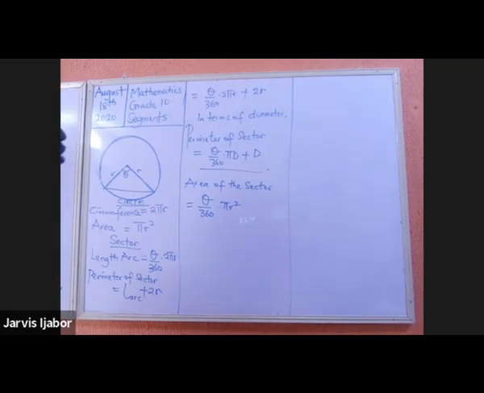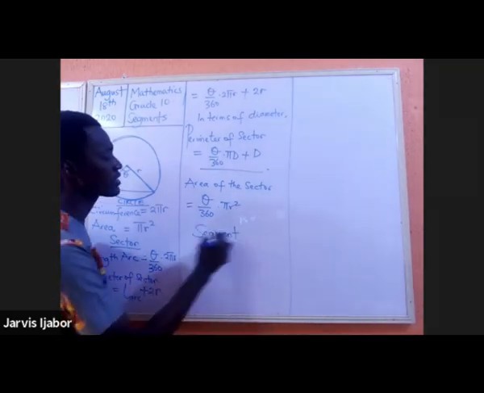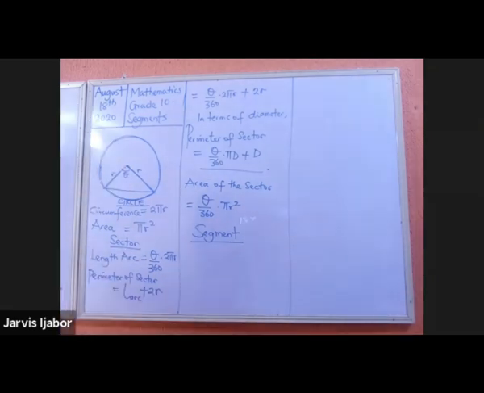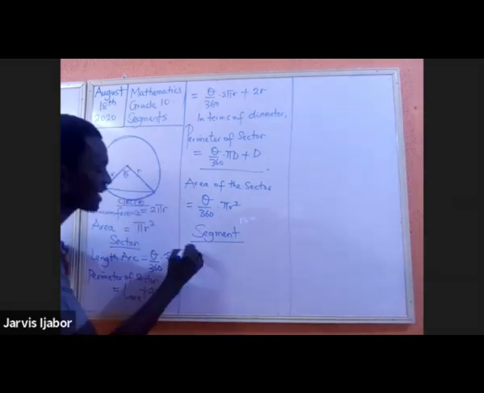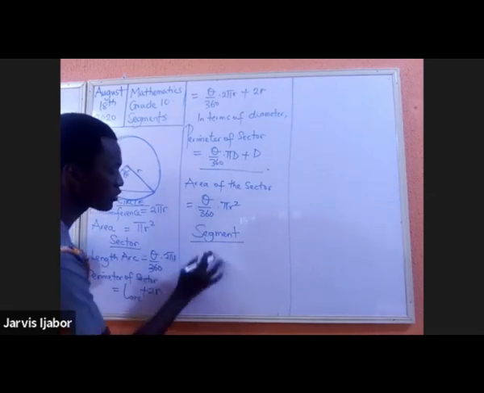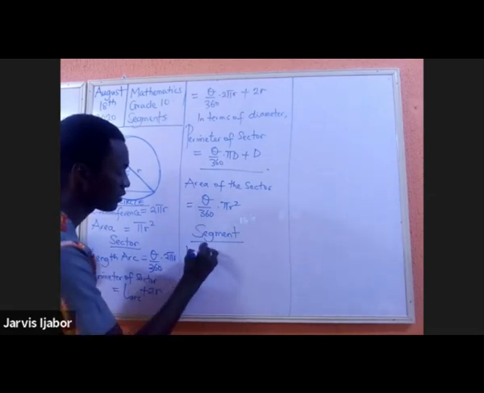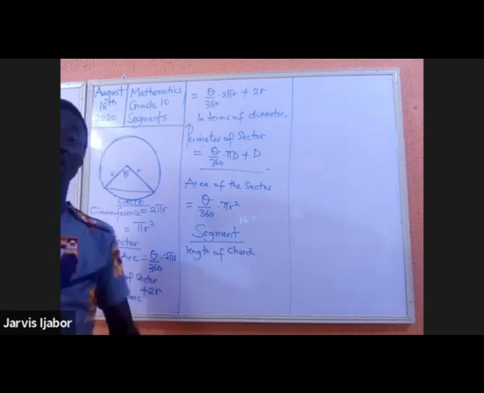Right. We now come to segments. What is a segment? A segment is an area of the circle that is governed by the length of arc and a chord. So the first idea we want to talk about is a chord, or what we call the length of chord. Mathematicians have a shortcut to this.